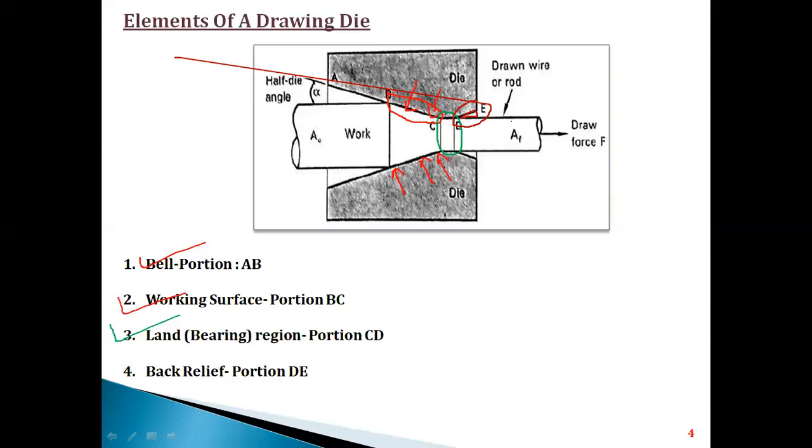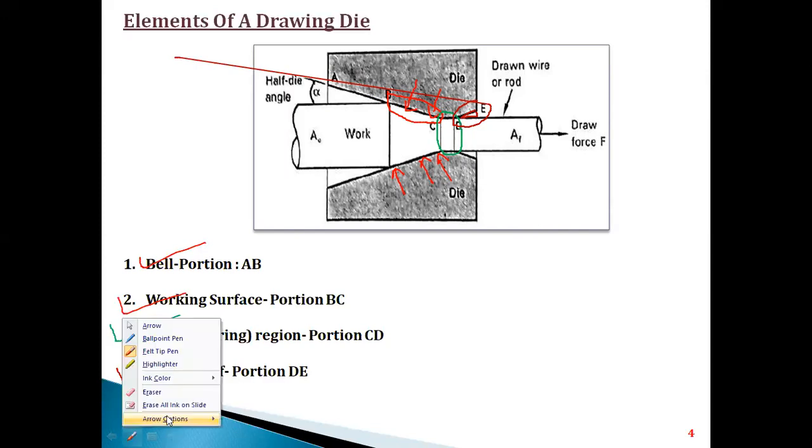This minimizes the possibility of abrasion on the surface, which means the drawing process is continuous and we get a good surface finish and a good quality product. These are the four essential regions or zones of a drawing, the elements of a drawing part.